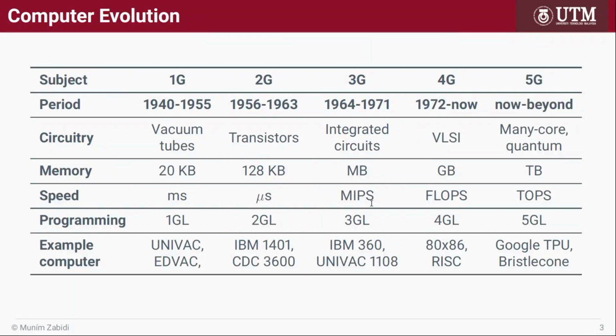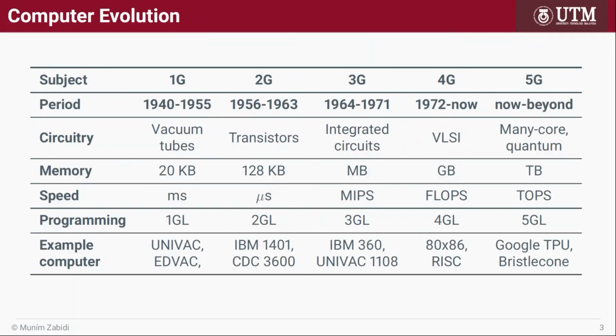The top row shows the hardware. Computer hardware moved from first generation to now fifth generation. In hardware, it's quite easy to differentiate the technology.